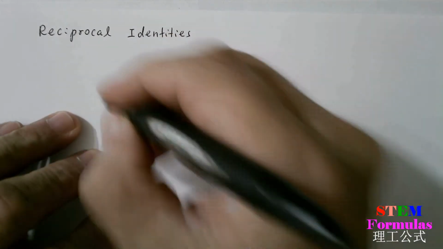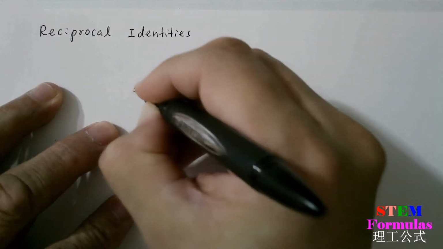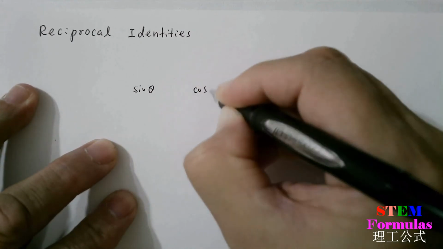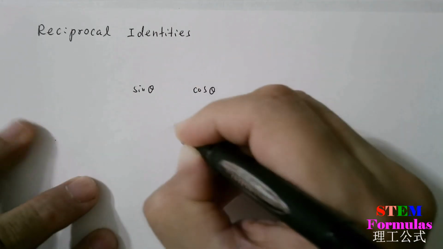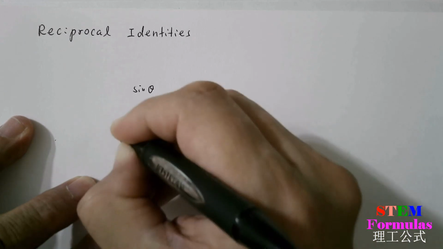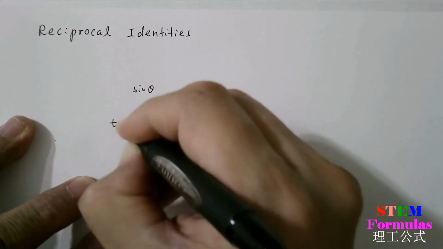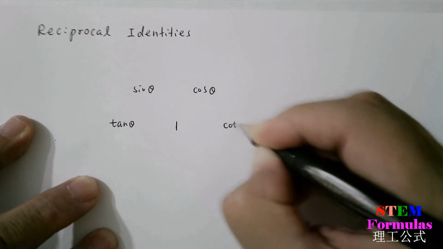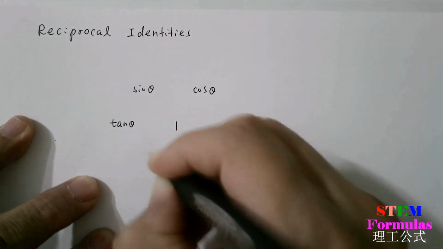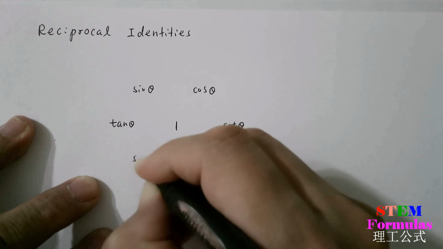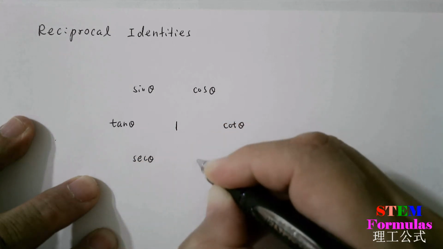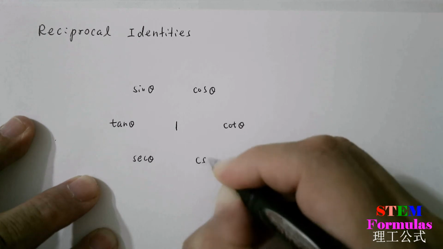So we write down sine theta, cosine theta, 1, tangent theta, cotangent theta, secant theta, cosecant theta.